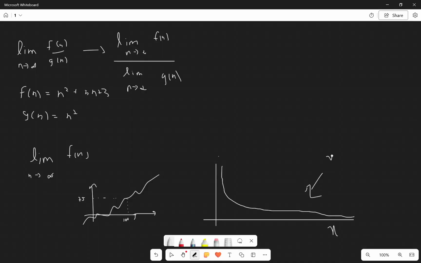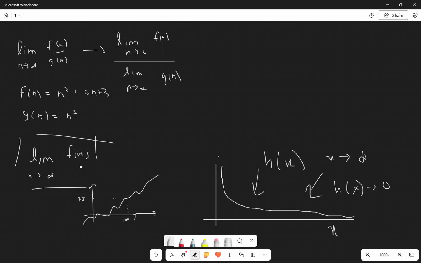For this function, x goes to infinity, and hx actually goes towards 0. It will never come to 0, it will always go towards 0. All right, so I hope what this notation means is clear. So this means the value of the function as it reaches infinity.